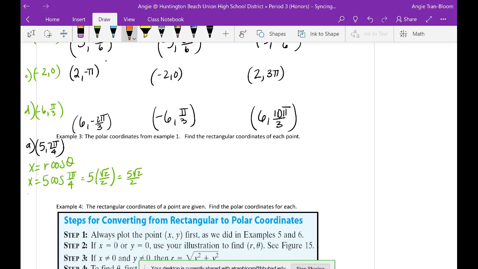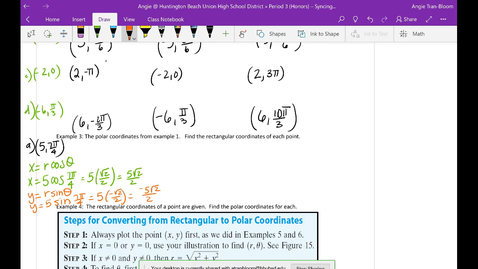Y is always r sine of theta. Y is r, which is 5, times sine of 7 pi over 4. What's sine of 7 pi over 4? Negative radical 2 over 2. Beautiful. So this is going to be negative 5 radical 2 all over 2.